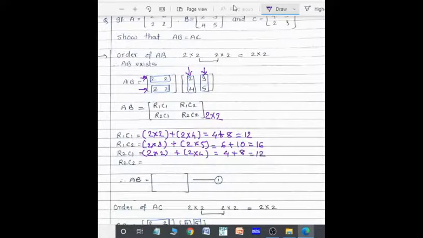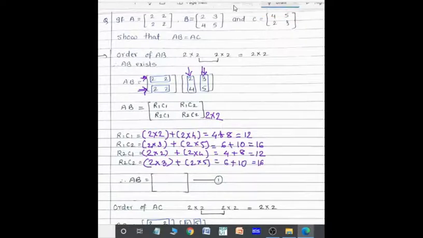Answer is 12. Now again, we are going to multiply this second row and second column. So 2 into 3 plus 2 into 5. So 2 3s are 6, 2 5s are 10. So answer is 16. If we replace the values of the matrix, we'll see that 12, 16, 12, 16.